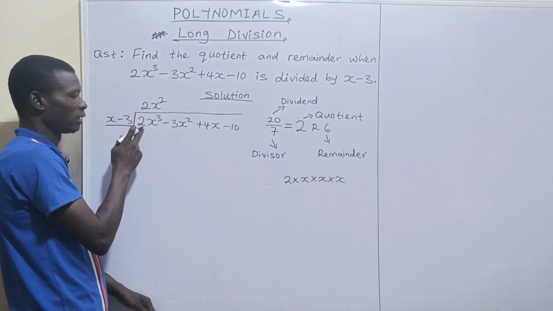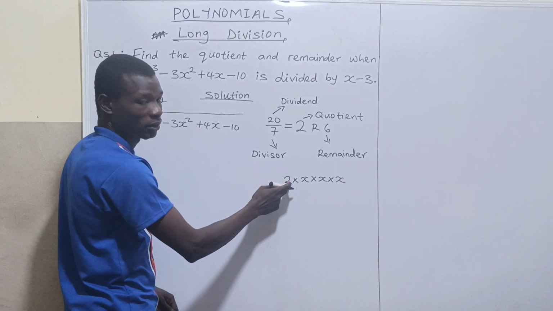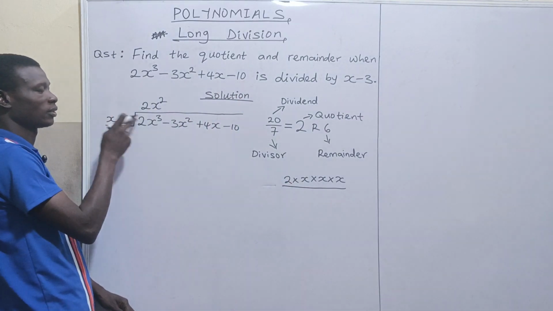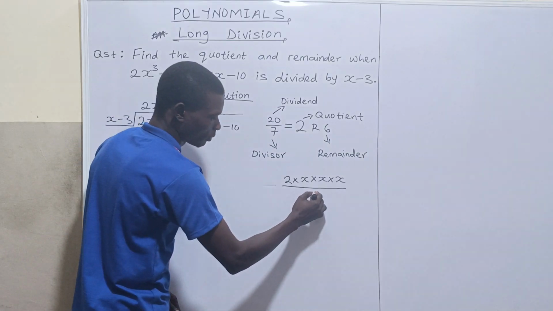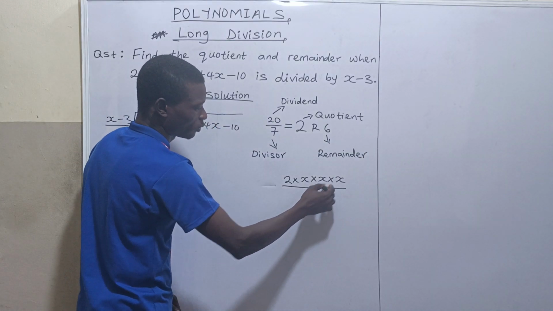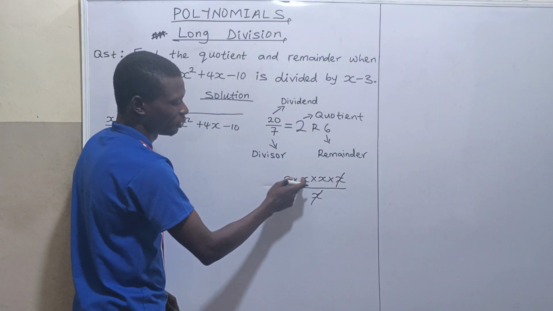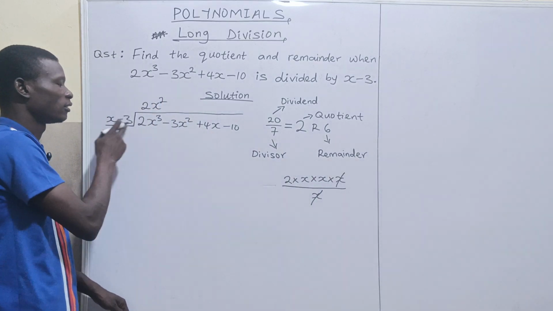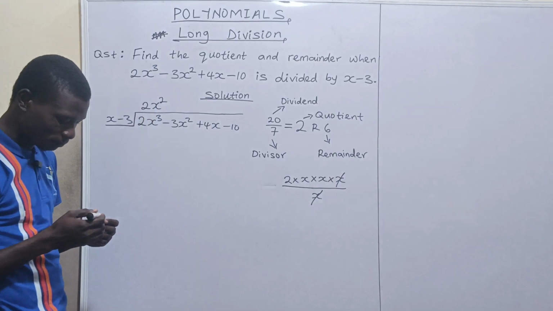Divided by x, this x will cancel one of these x, so we are left with 2 times x, which of course is 2x squared.